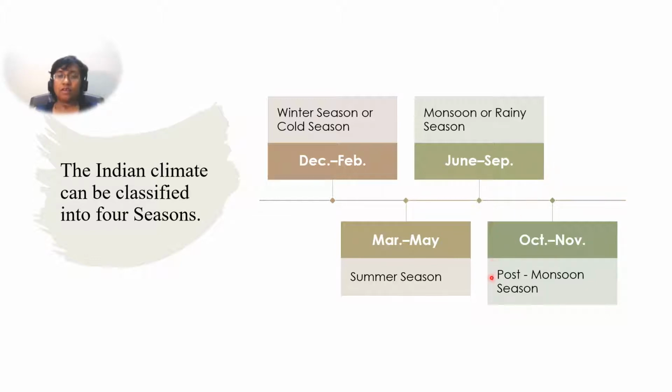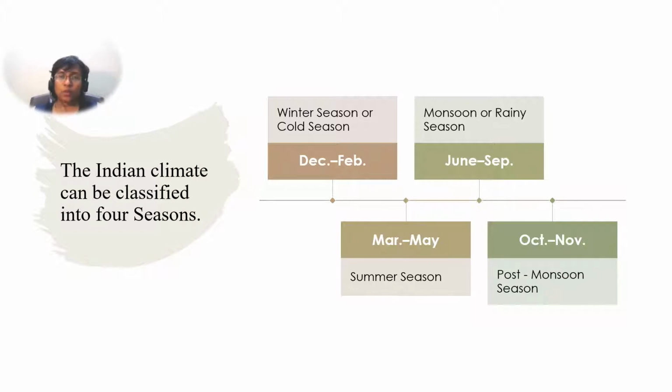And the post monsoon season, from October to November. This is just an approximate estimation of the climatic conditions. This does not hold good across the nation, but there are similarities in terms of the climatic conditions that can be categorized in this particular manner.